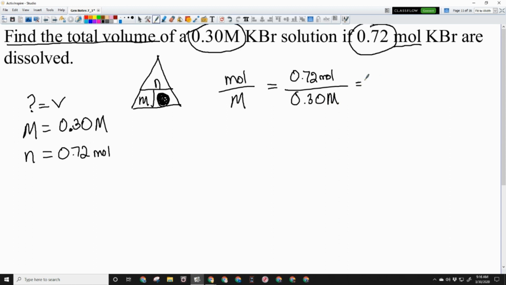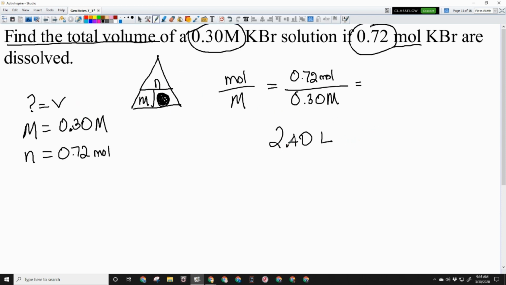Okay, so grab your calculators again. 0.72 divided by 0.3 is going to be 2.40 liters, because moles divided by molarity is going to leave liters.